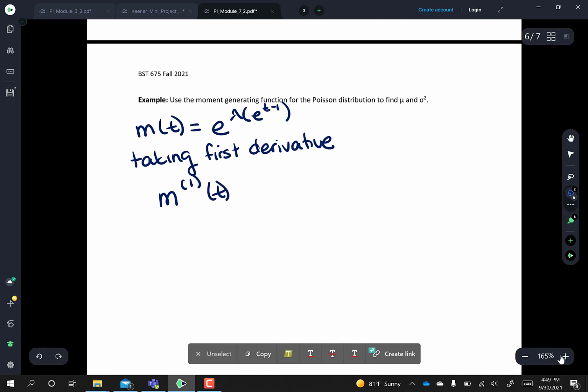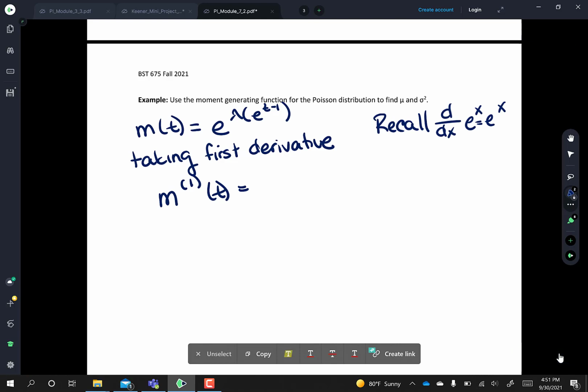And remember here we're using those superscripts to tell us what derivative. So let's first recall that d dx of e to the x is equal to e to the x.